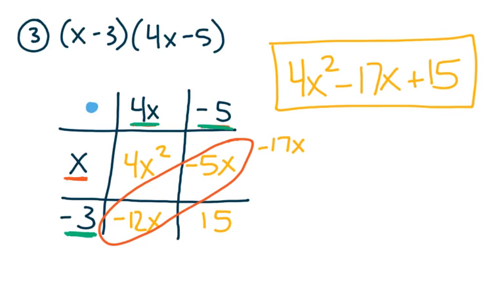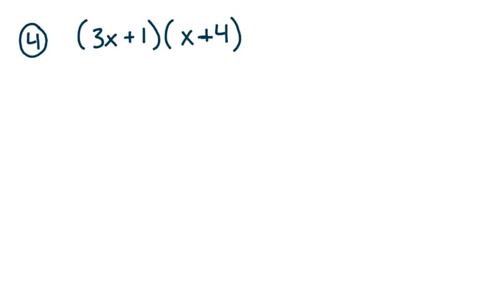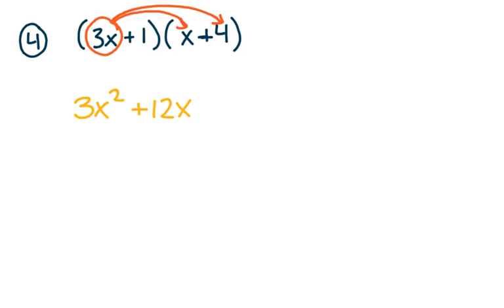For example number 4, I'll do this using my double distribute method. So I'm going to distribute my 3x to my x to get a 3x squared. Next, when I distribute my 3x to my 4, those multiply to get plus 12x. Now I'm looking to distribute my positive 1.